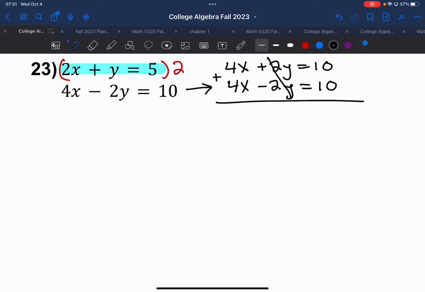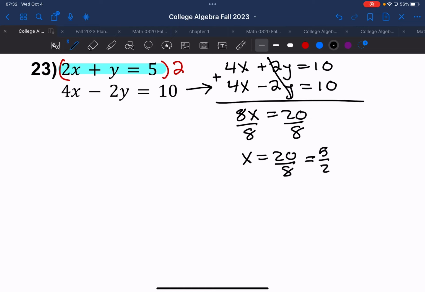Y. And we're going to be left with 4x plus 4x, which is 8x, and then 10 plus 10. Okay. So then if I was to get x by itself, I would divide both sides by 8, and I get x is equal to 20 over 8, which reduces to 5 halves.